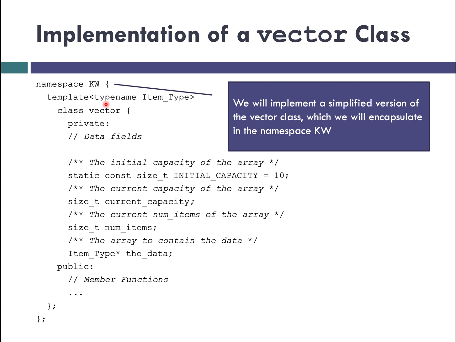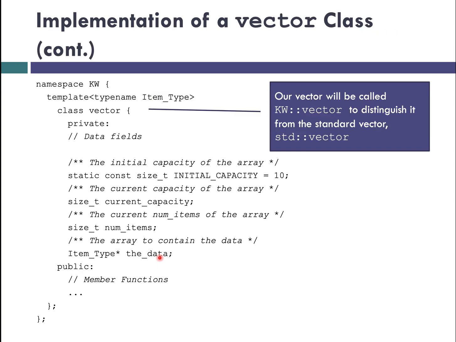So if we said we want a vector of ints, then the data here would be an int pointer.